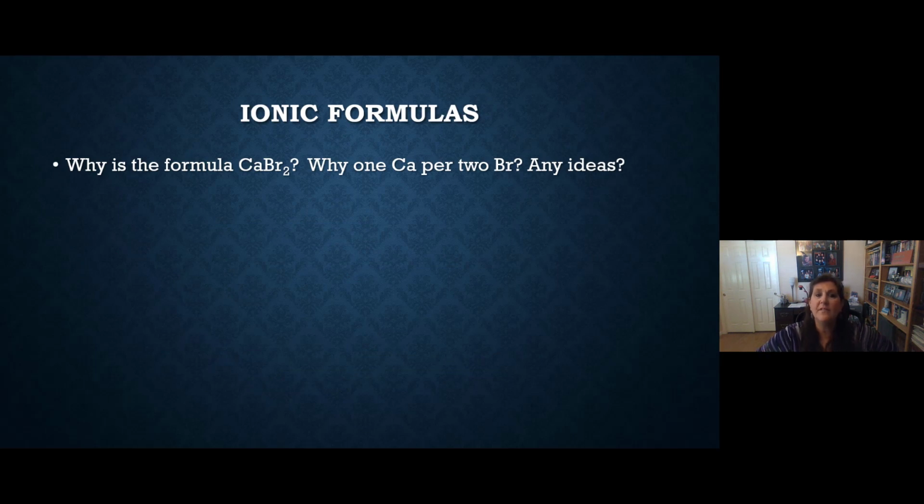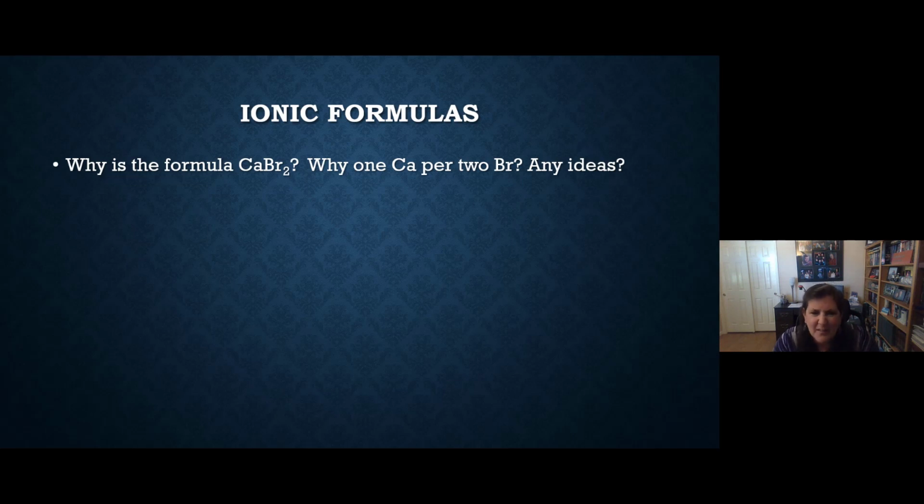So let's talk a little more about ionic compounds. I said one of them is CaBr2. Why is the formula CaBr2? Why is there one calcium and two Brs? Any ideas? Hint? Look at your table. Calcium is in the second column, so it's a +2. Bromine is a halogen in 7A column, so it's a -1. So Ca and Br would be +2 -1.